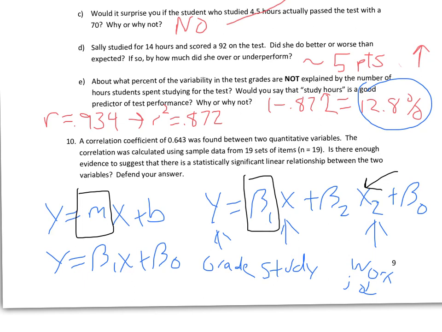So if we assume that this is constant at a particular level, then one increase in x will give you beta 1 increases in y. Okay? So I just put that up there because you're going to end up seeing it in Quant 2 if you decide to continue on.